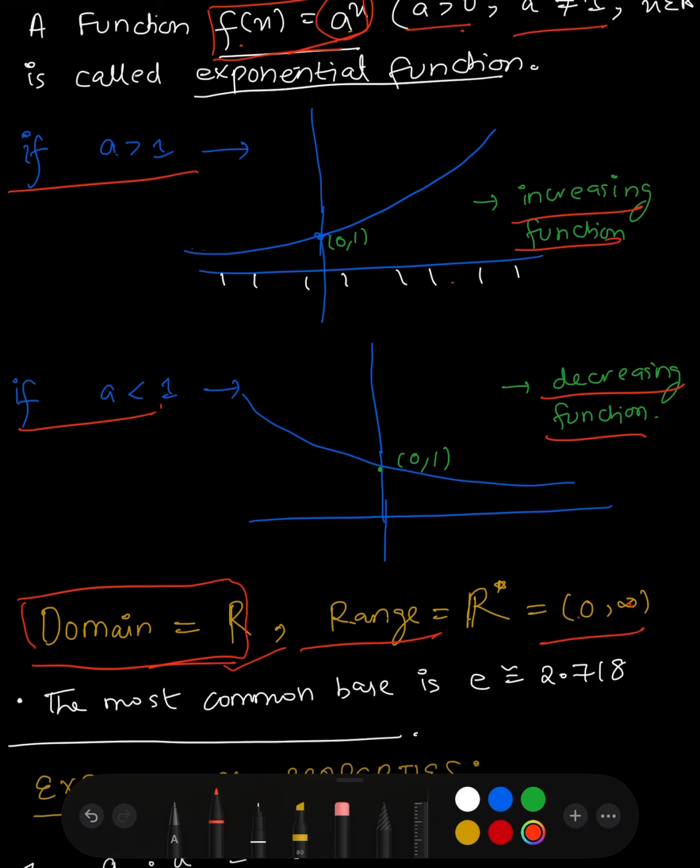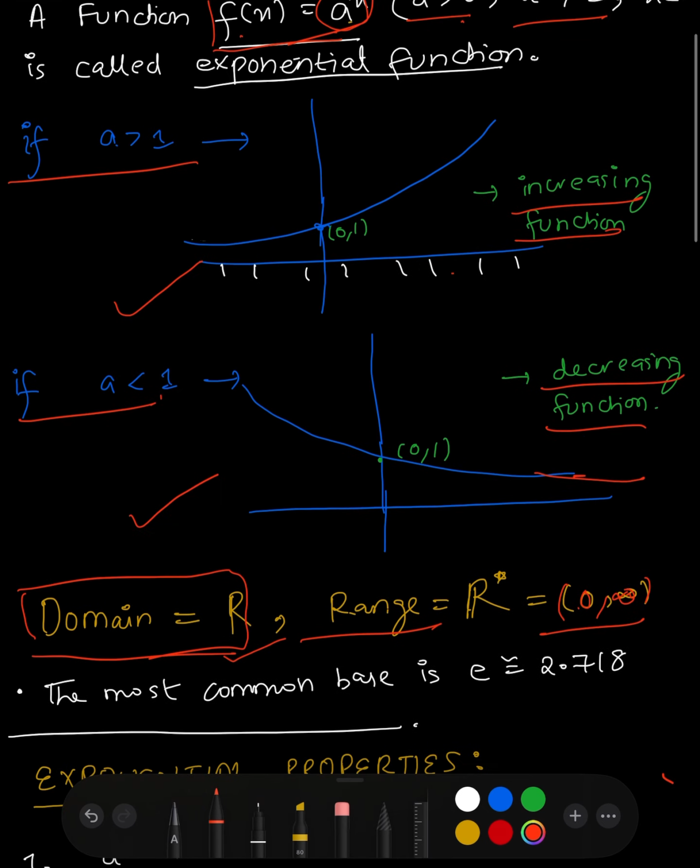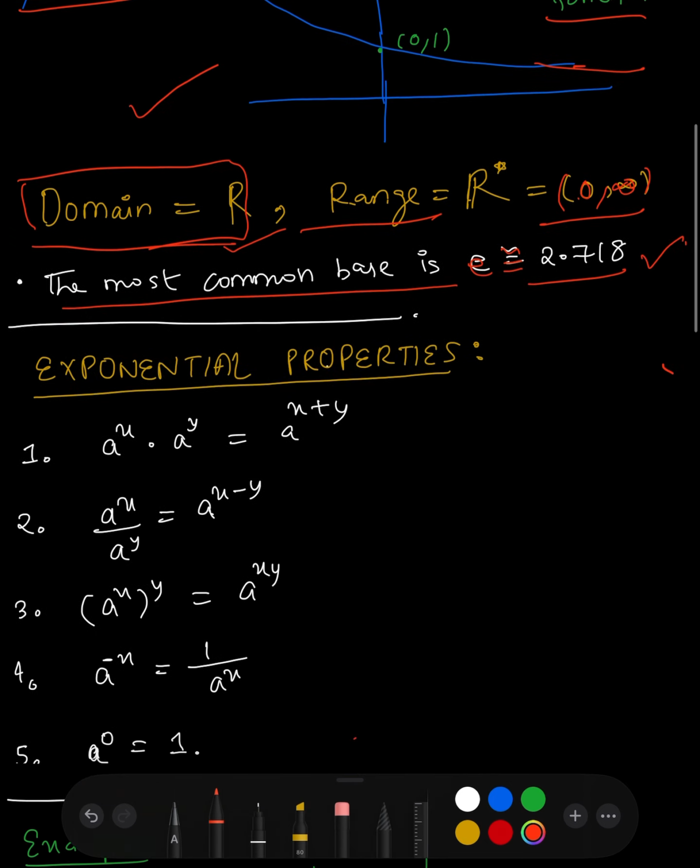By these both graphs we can see the range is 0 to infinity. The function is not touching 0, so the range is the open interval 0 to infinity. The most common base we use for exponential functions is base e, which is approximately equal to 2.718. Now we'll learn some exponential properties.